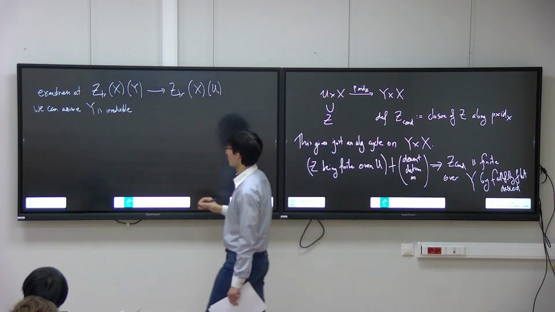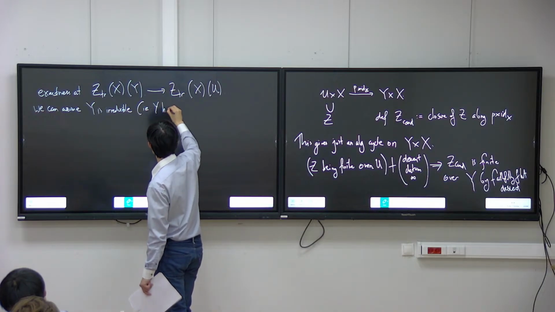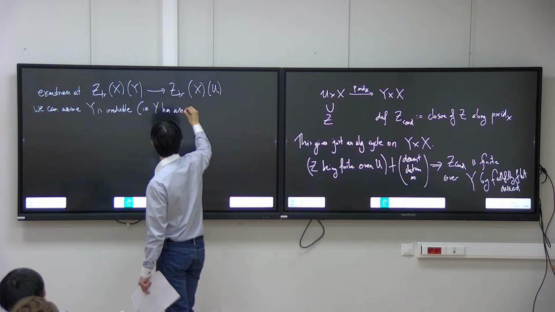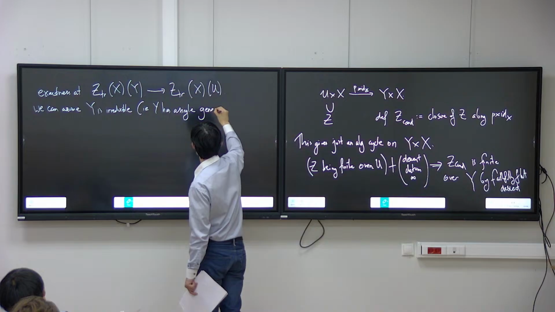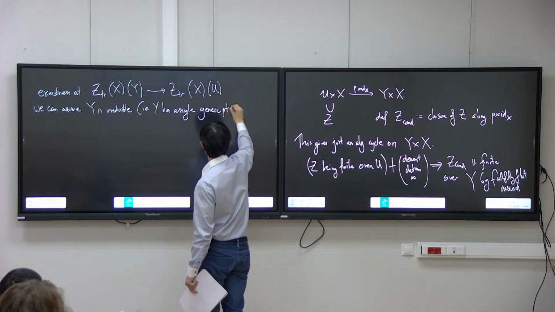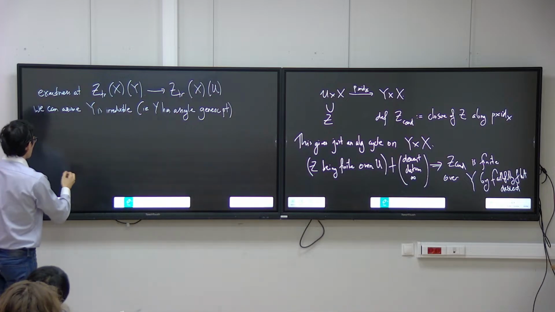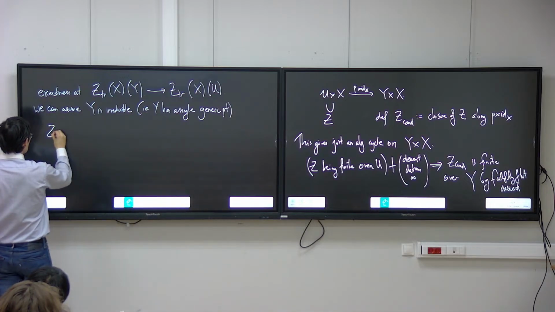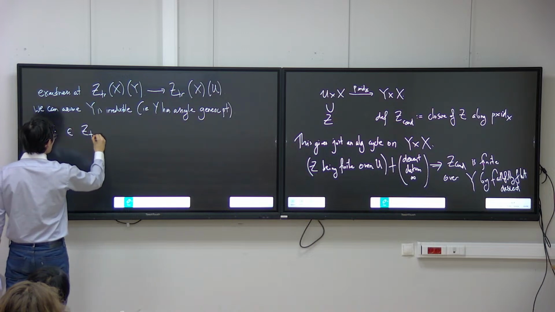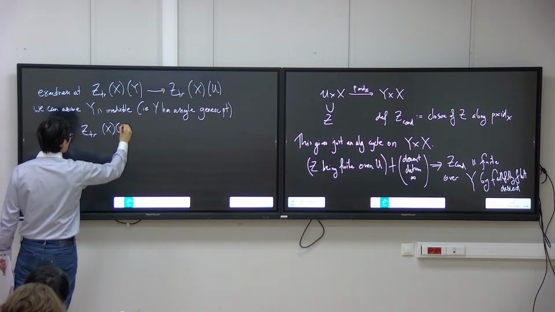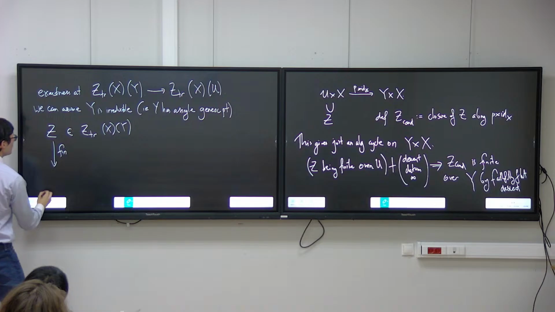I.e., y has a single generic point. So in this situation, z, which is our element in ZTR_XY, is finite over y.